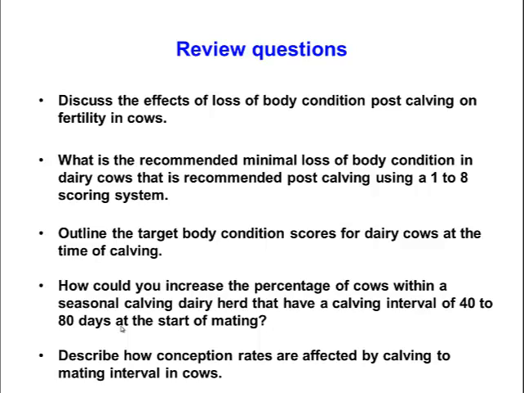After about 80 days, you don't tend to get much of an increase in pregnancy rates. In fact, if you're looking at cows that have calved 150 days or more, if they start getting too fat, then you can actually have a negative effect on pregnancy rates. So generally there's a steady increase in conception rates up to about 60 to 80 days, and then it levels off.